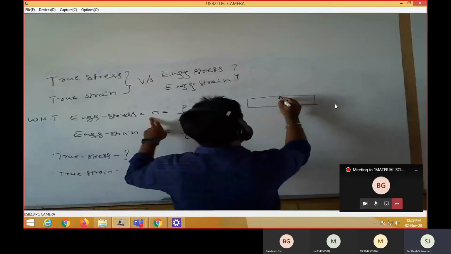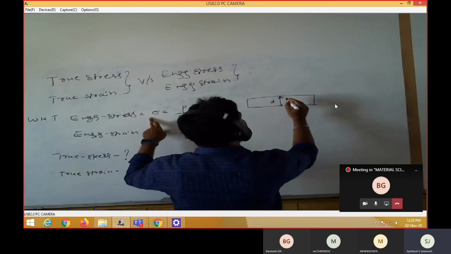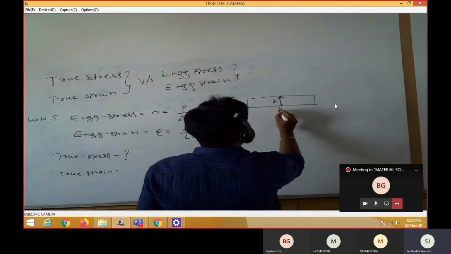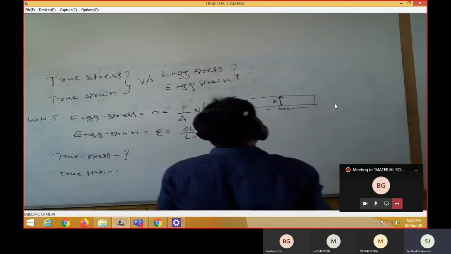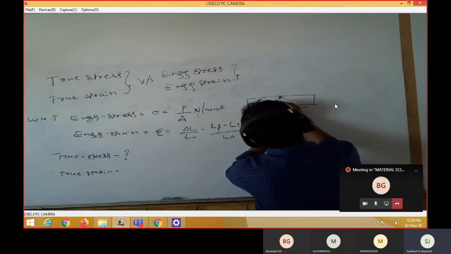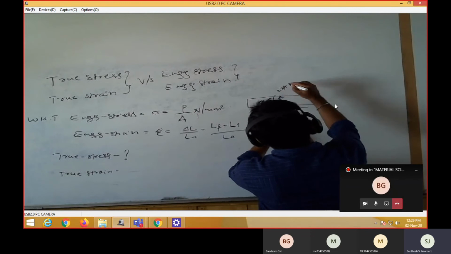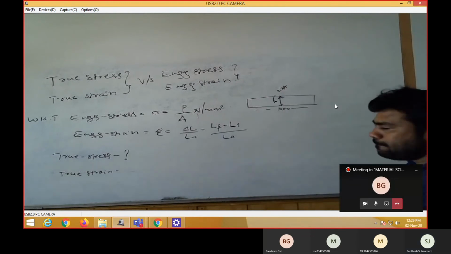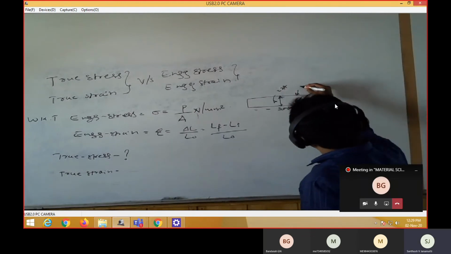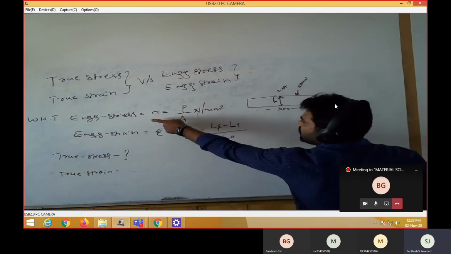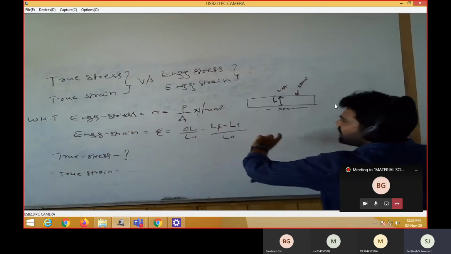This is the cross-sectional area, diameter, or area, and this is the length. The area is around about 224. Now we are applying a load of around 100 kilonewton. What am I supposed to do for the engineering stress?